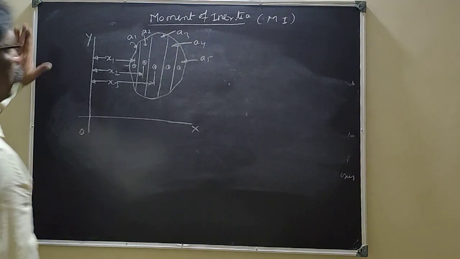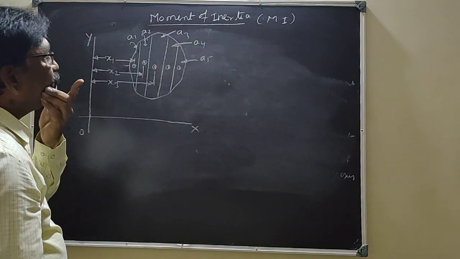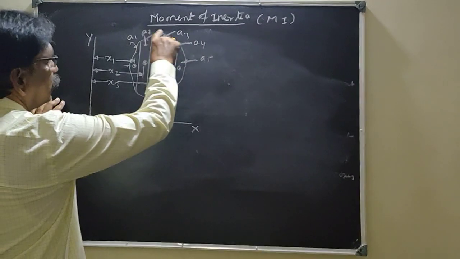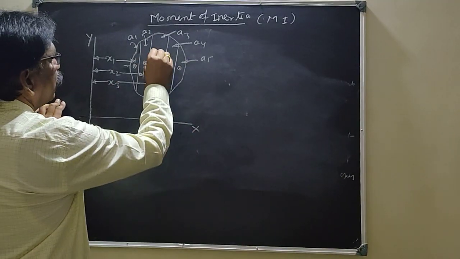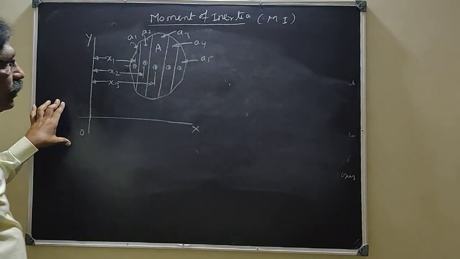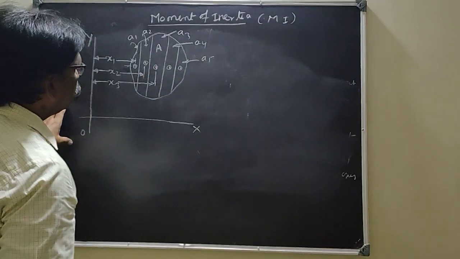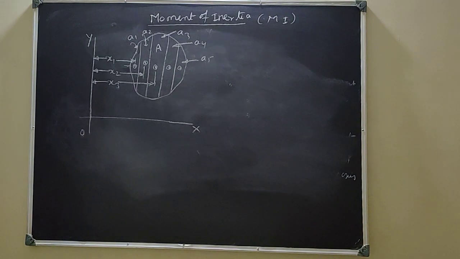Now notice the moment of inertia calculation by the integration method or by the summation method. For example, here is an arbitrary figure having the total area capital A, split into a number of components, that means strips, and each strip has its own area and its centroidal distance.